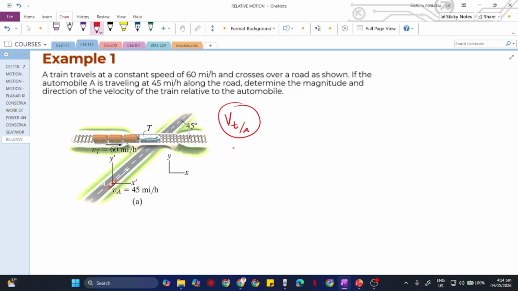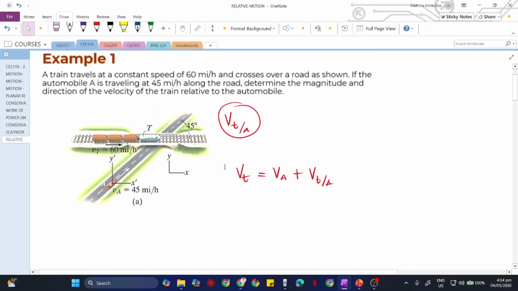Okay? So, since it is the train, we will be focusing our point of view on the train. So, velocity of the train is equivalent to velocity of the automobile plus velocity of the train with respect to the automobile. Right?